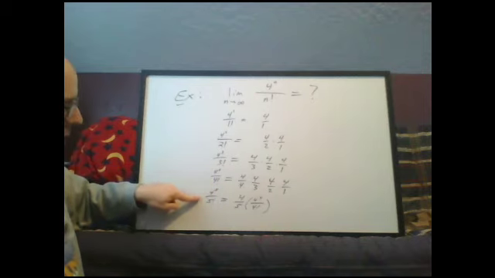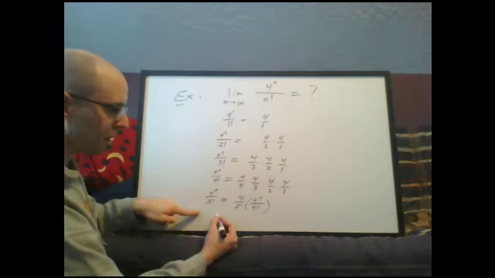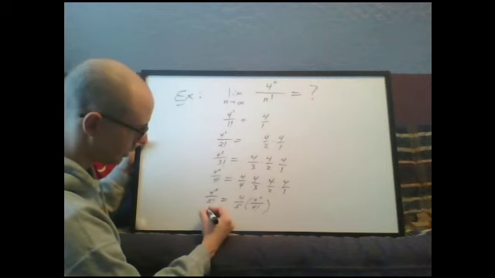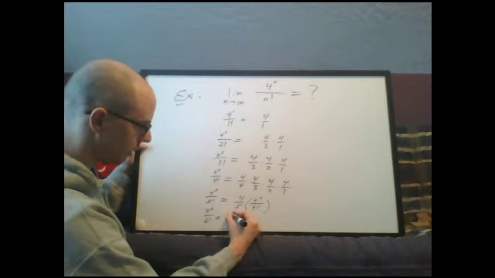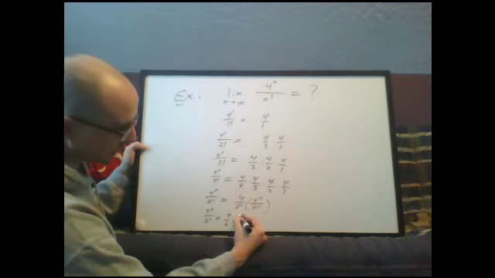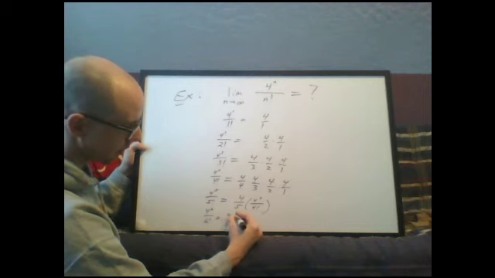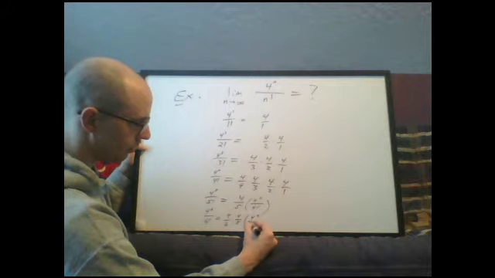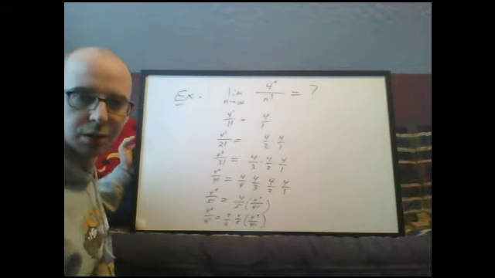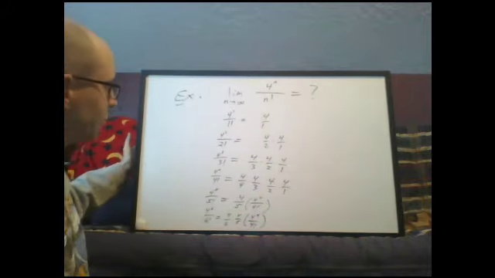If I keep going, the next one I'm going to be multiplying by 4 over 6. So 4 to the 6th over 6 factorial will be 4 over 6 times this previous one. Let me actually write it out again: 4/5 times 4 to the 4th over 4 factorial. Hopefully that's still reasonably legible.